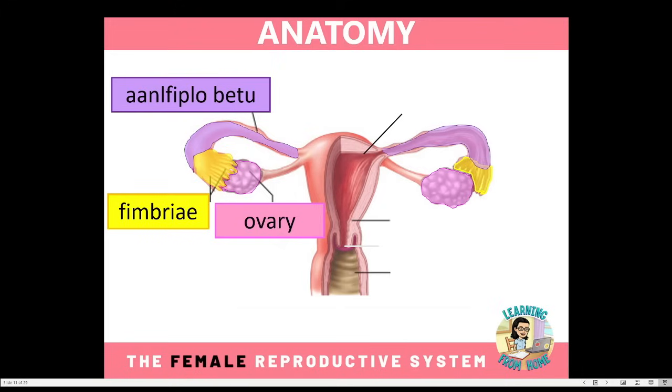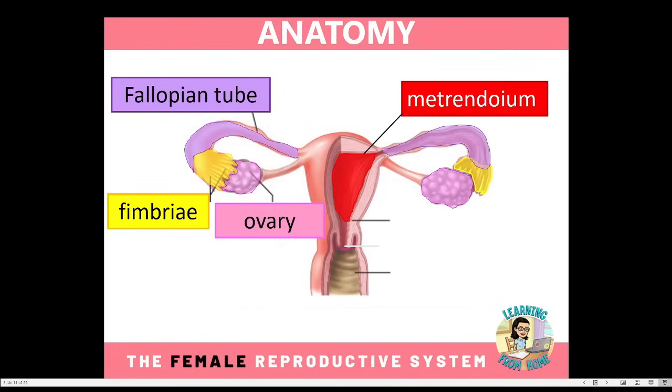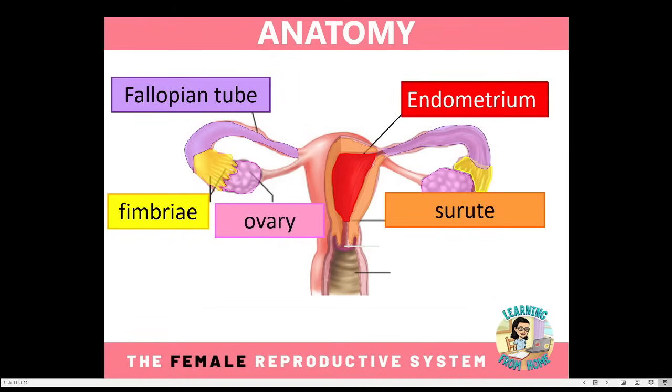Very good. And then, how about the part highlighted in red? We call this the endometrium. How about this one? That is the uterus. Very good.